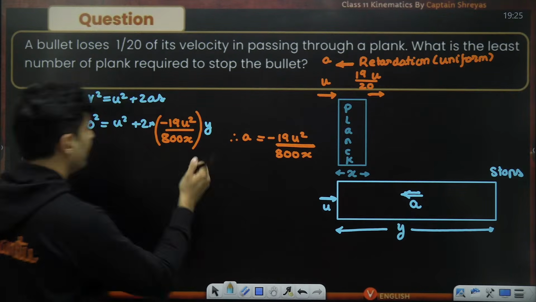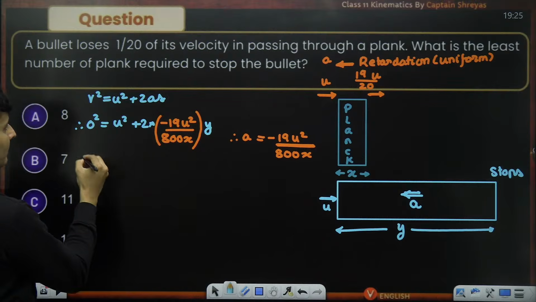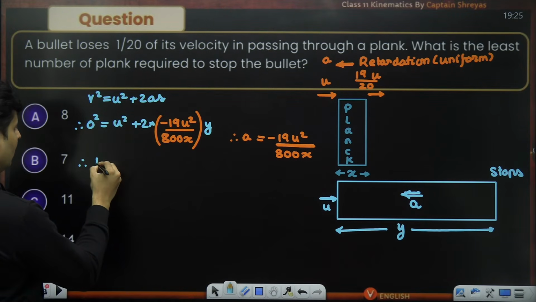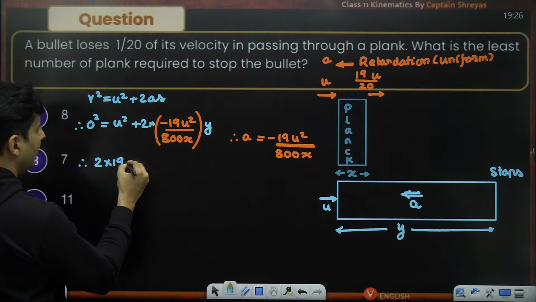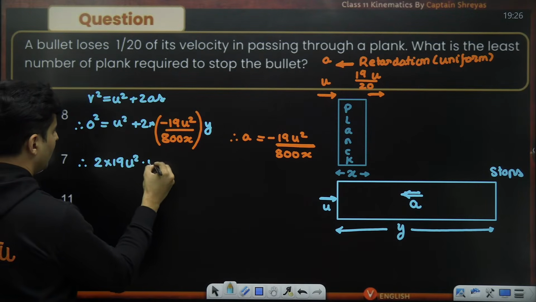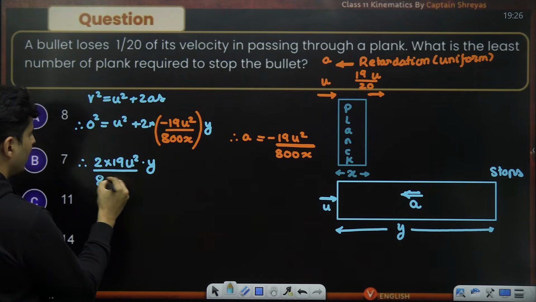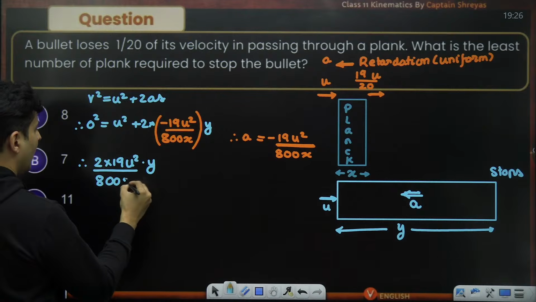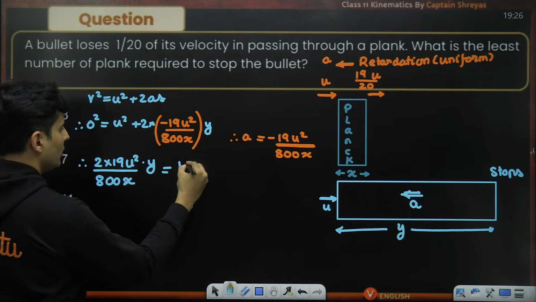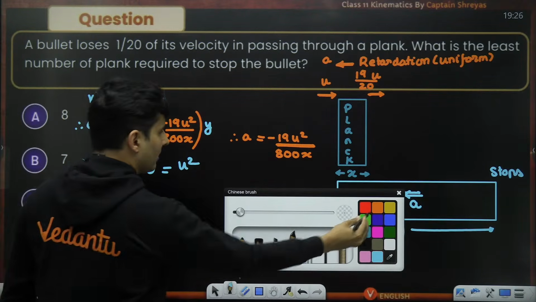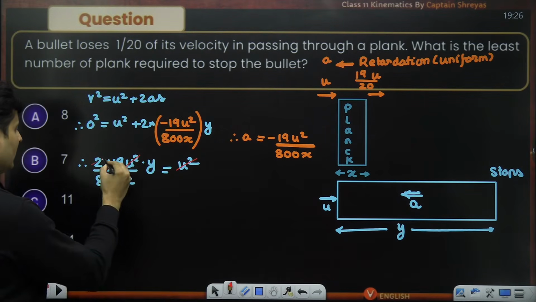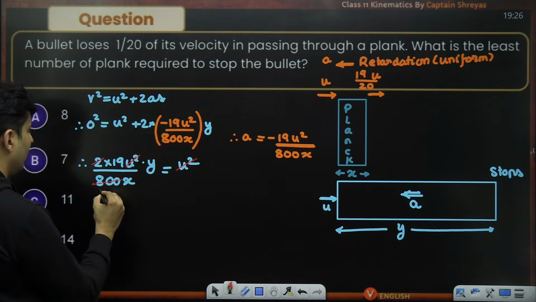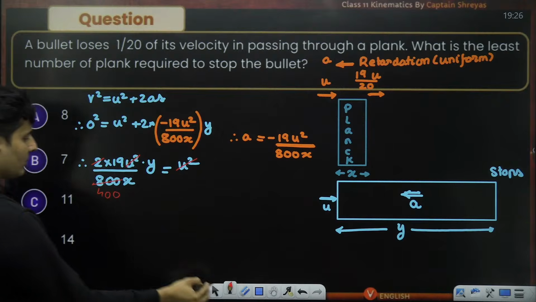Let's see what we get. Bring this on this side. You will get 2 multiplied by 19 u square multiplied by y divided by 800x is equal to u square. Now cancel a couple of things: u square and u square will get cancelled. This 2 will go with this 800, 400 times.